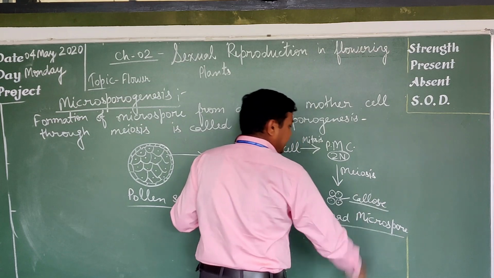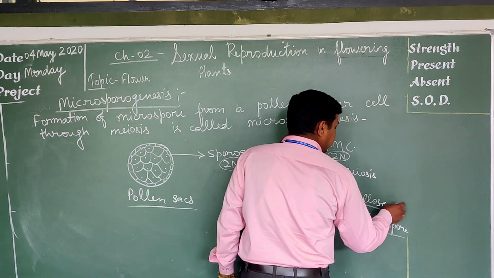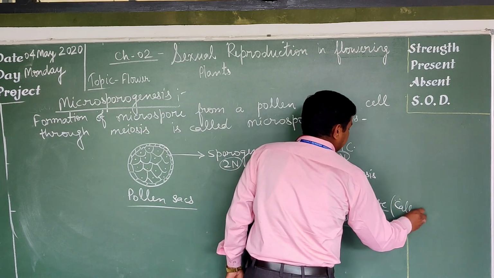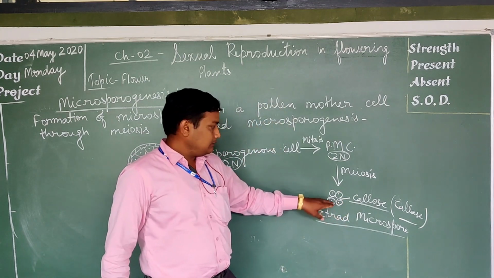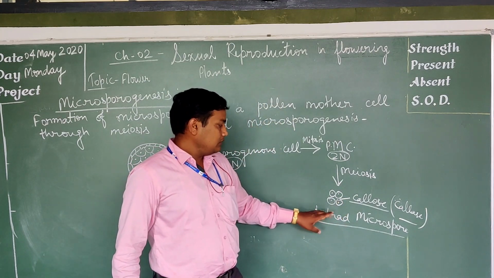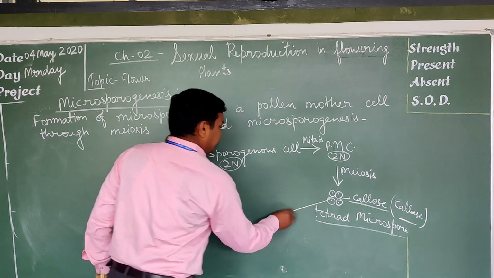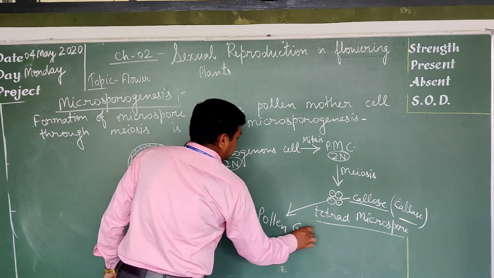Callose is a carbohydrate through which they are attached, and the enzyme which breaks it is known as callase. Callase breaks the bonding between the 4 microspores, and each microspore is known as a pollen grain.